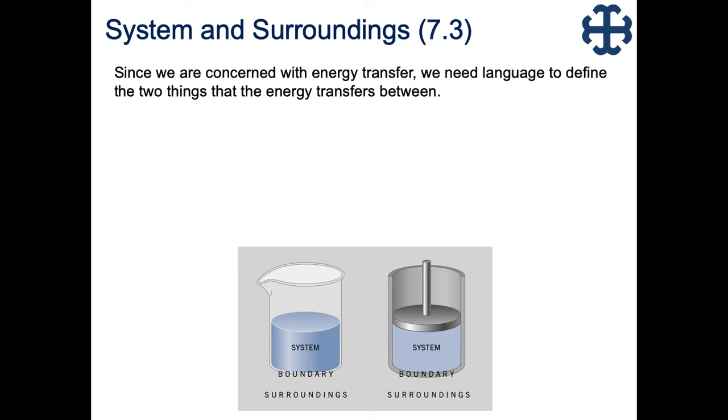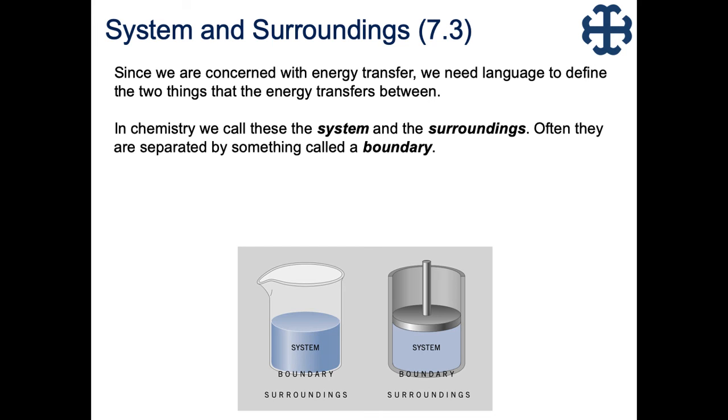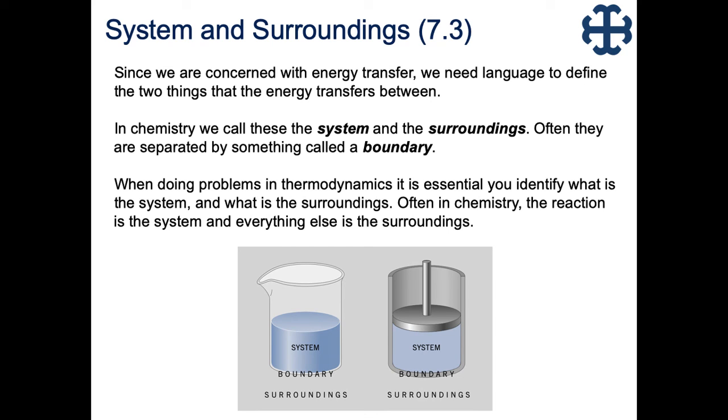Next up, if we're transferring between 2 things, we need to define them in some way. And so in thermodynamics, that tends to be talking about one thing as our system and the other thing as our surroundings. Okay. And so the system is typically in chemistry going to be our chemical reaction. And then our surroundings are everything else.